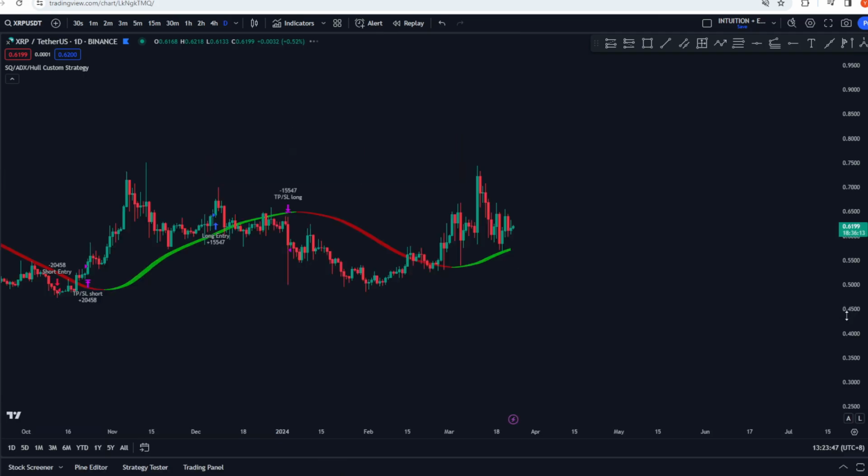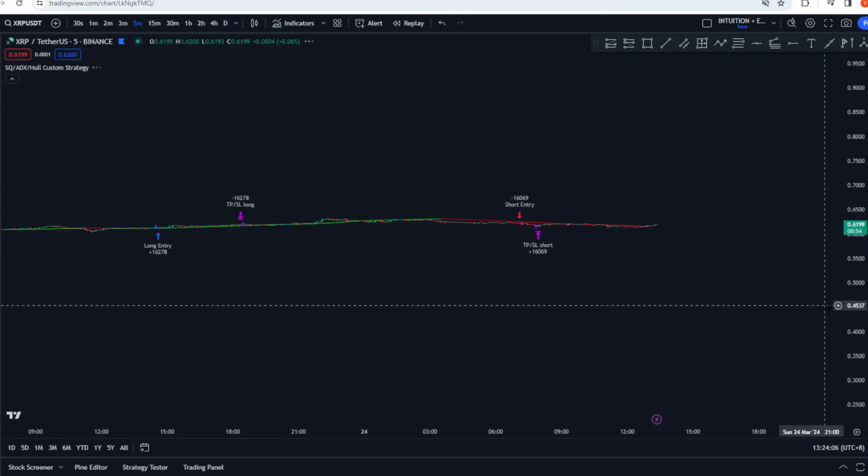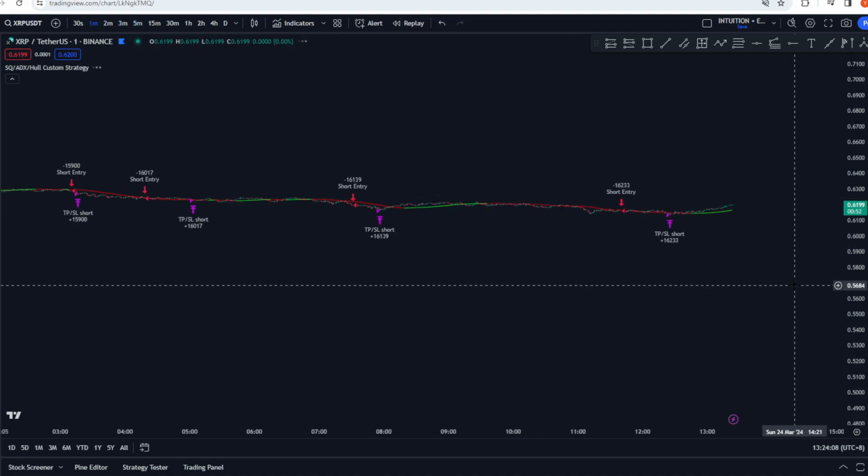And why is that so? Because if you realize that in the past, from the 8th of March here to the 24th of March, there's only one really big shoot up day before that, and the rest of the days were slowly going down. So we like to trade all these trendy days where a lot of the trends are happening.